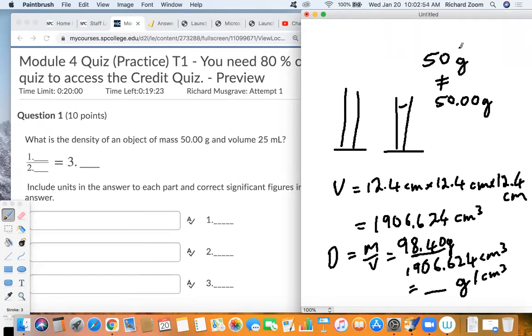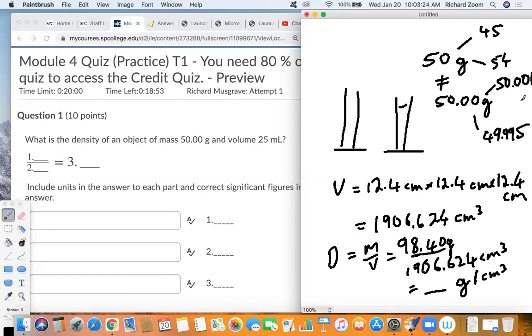Because 50 grams is some number that lies between 45 and 54, whereas 50.00 grams lies somewhere between 50.004 and 49.995.